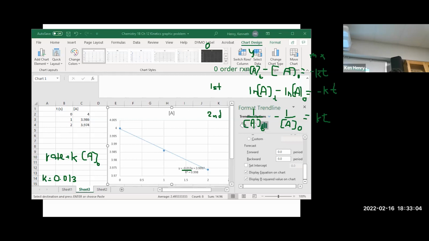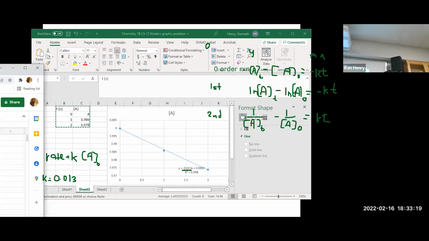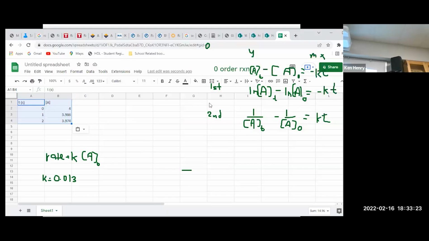Sheets. Let me copy this data. Okay, so Google Sheets is going to behave exactly the same way. So you go to Insert.